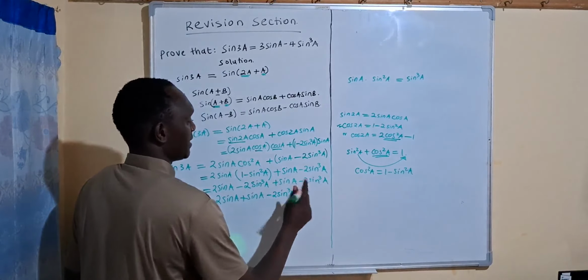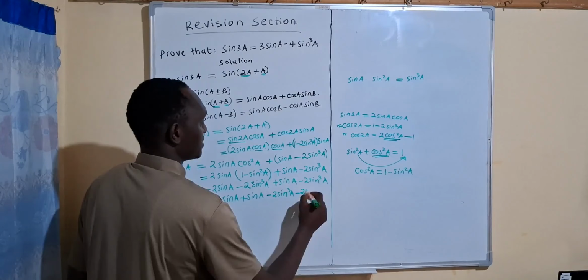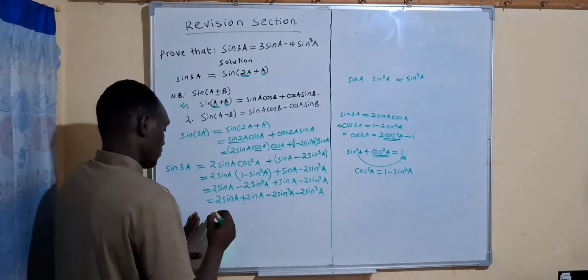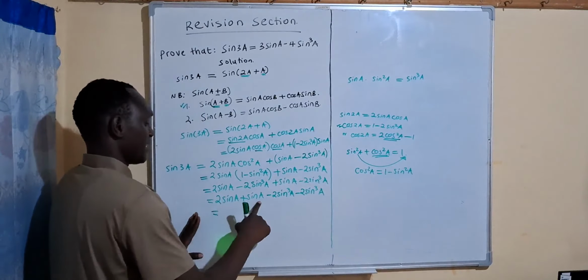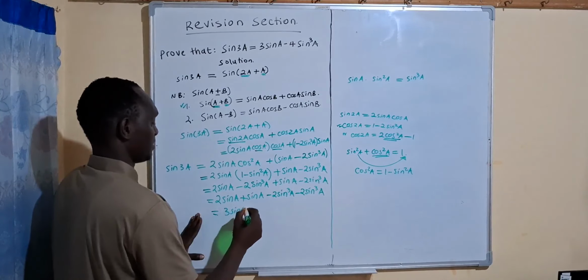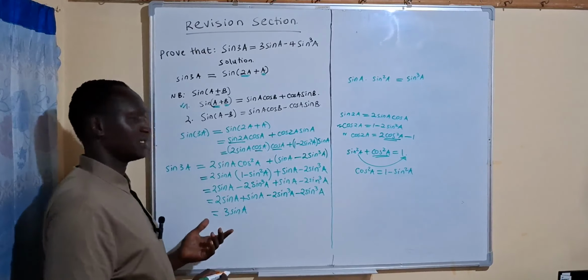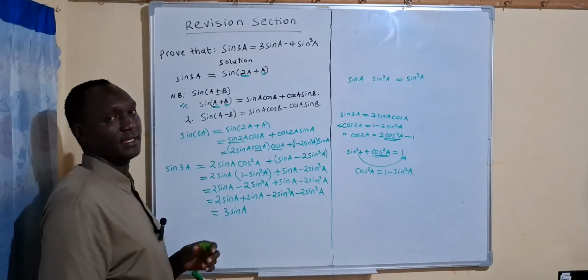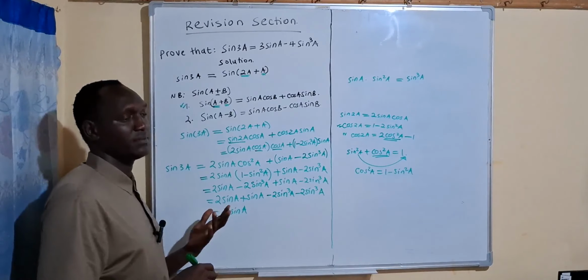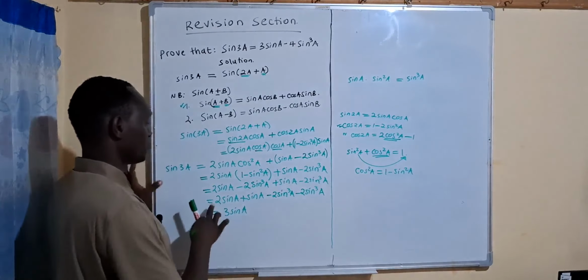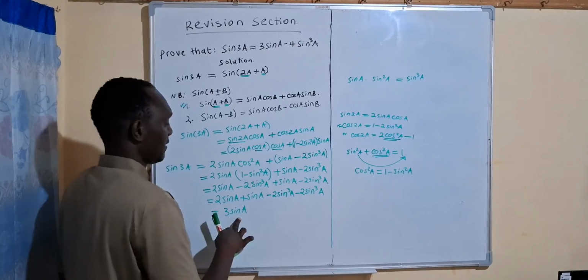Also this one is negative, minus 2 sine cubed a. Then we continue. What is 2 sine a plus sine a? It is simply 3 sine a. It's just like saying what is 2a plus a? It is 3a. Or simply what is 2b plus b? It is 3b. So 2 sine a plus sine a is 3 sine a.